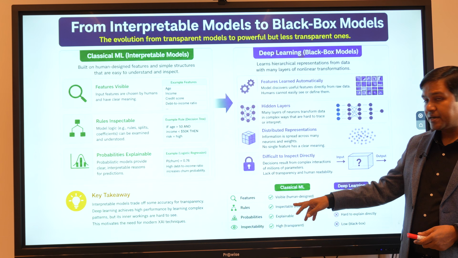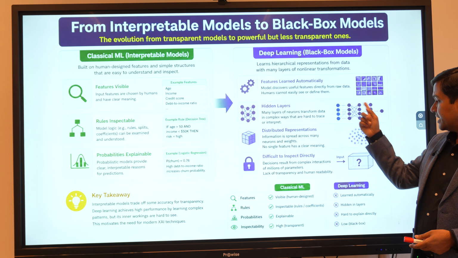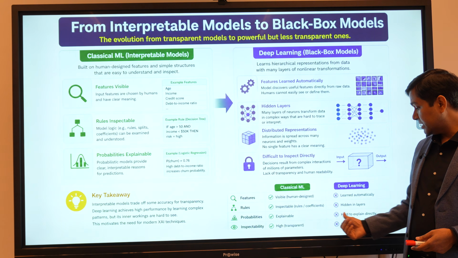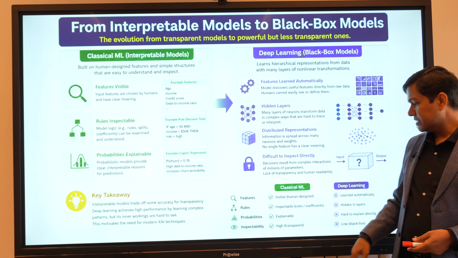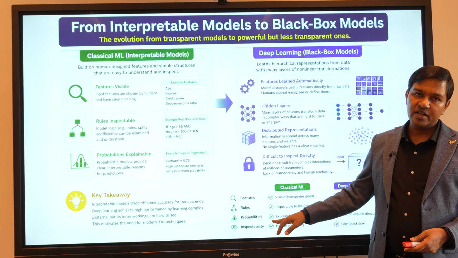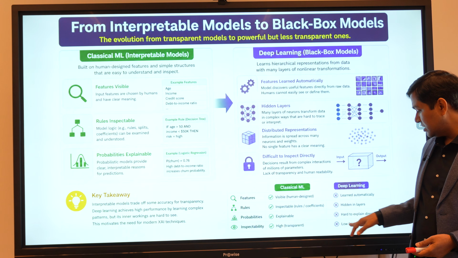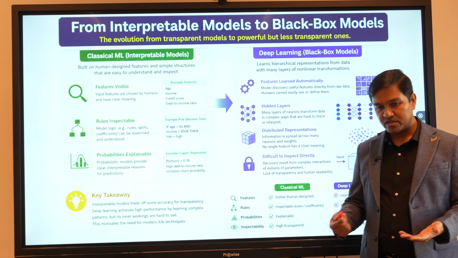The rules we were able to expect, but the rules are now hidden inside deep learning. The probabilities were explainable, but are hard to explain after deep learning. In classical ML we were able to inspect the model and there was high transparency, but in modern deep learning, which became a black box, the transparency reduces.